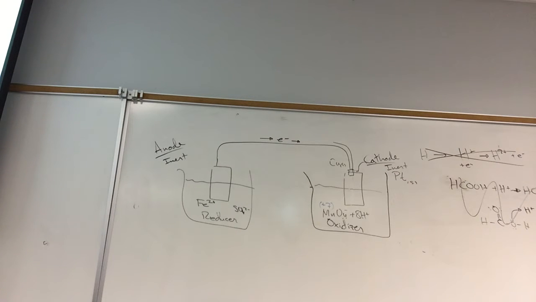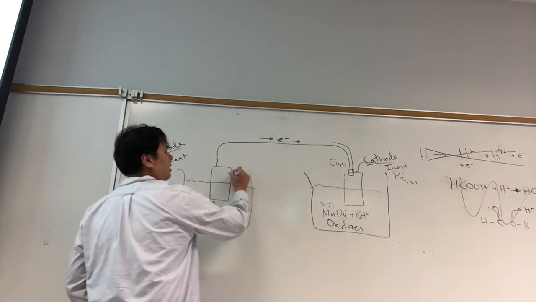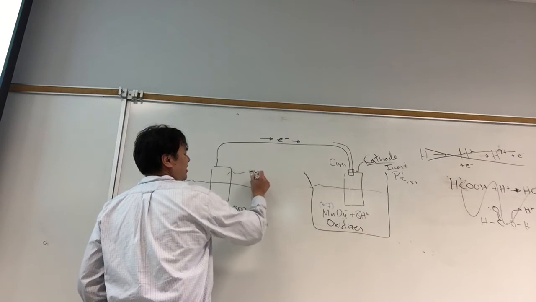We could use copper, silver, gold. All those would be considered inert. And so here, which one do you want to use? Nickel? Or copper? And so we could use something like nickel.